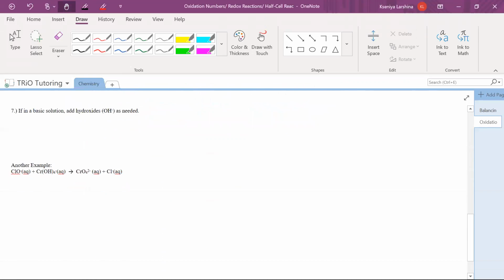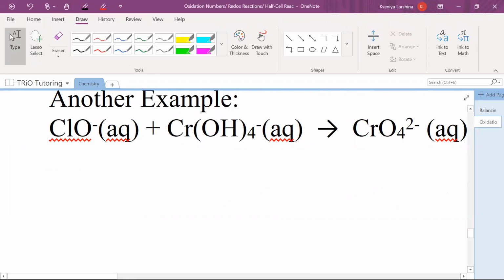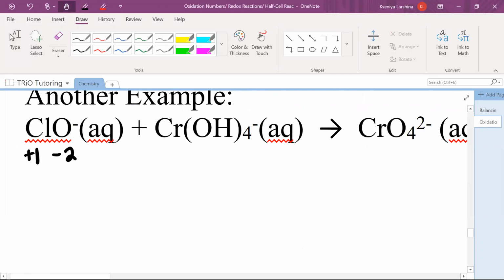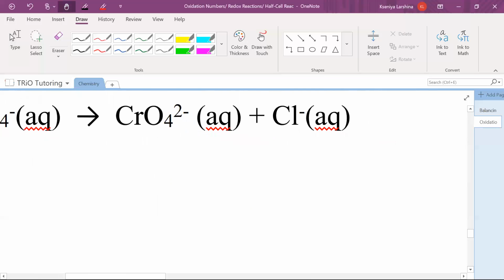Okay. And another example is this. So we would first want to get our oxidation numbers like before. Here we have plus 1, negative 2 for our oxygen. Cr is a plus 3. Our hydroxide is negative 1. Cr here is plus 6 and negative 2 for oxygen.